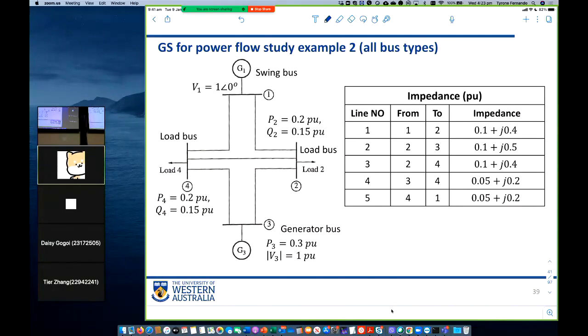After Gauss-Seidel, I have to talk about Newton-Raphson. That will be the workflow. And then the next chapter will be the faults. You're sort of following, yeah, yeah, yeah.